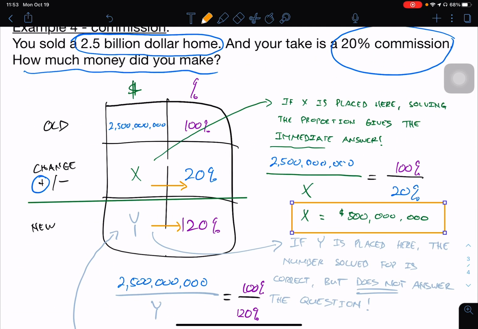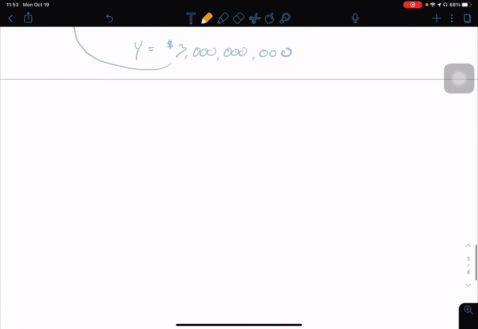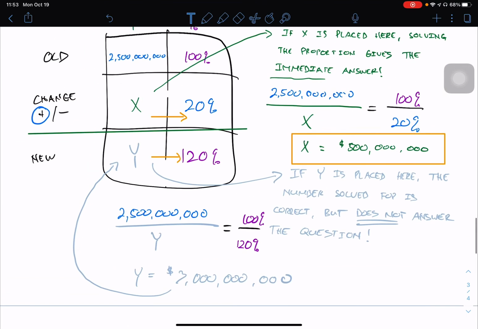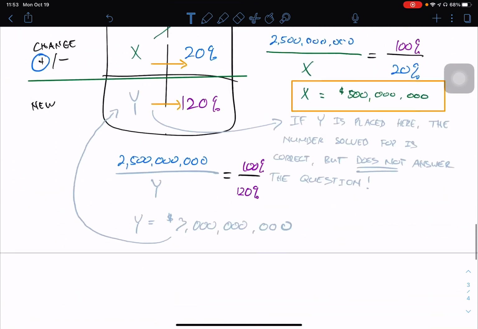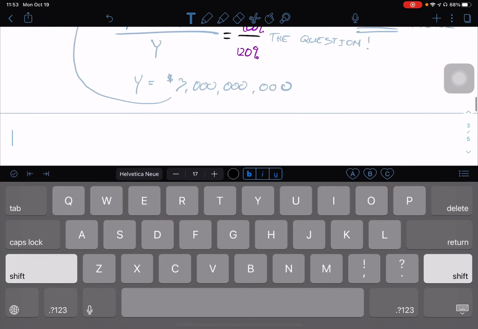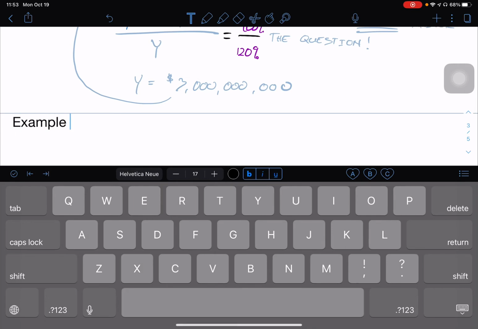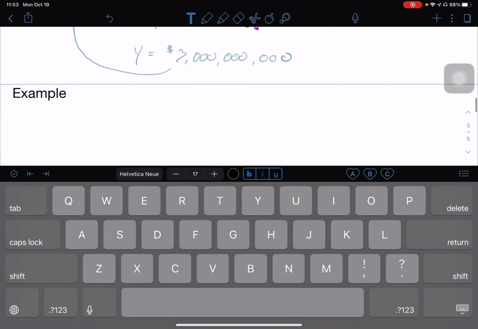Okay, that leaves us with discount, markup, and simple interest. Okay, so a discount is the same thing as a percent decrease. So I'll still do an example here so you can have it on record, but I'm going to say it right now. Example 5. Call this a discount.